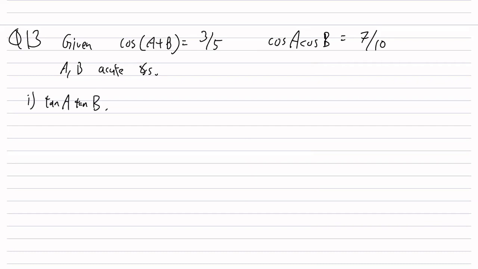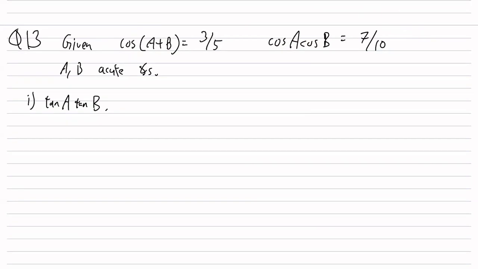How? You see what? All cosines, right? Here suddenly got tangent. So what do you think you should do as a first step? Change to cosine. But tangent A is not just cosine, it's sine over cosine.